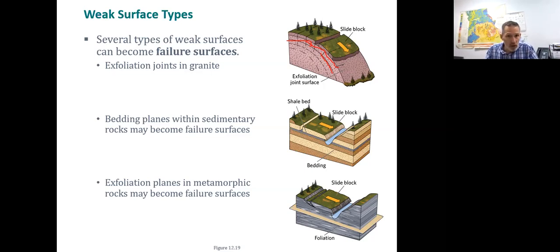The energy is still potential energy or gravitational energy, but water just enhances the ability for that potential energy to cause a failure. Metamorphic rocks, which have a foliation associated with them, that foliation direction can cause rocks to fail.